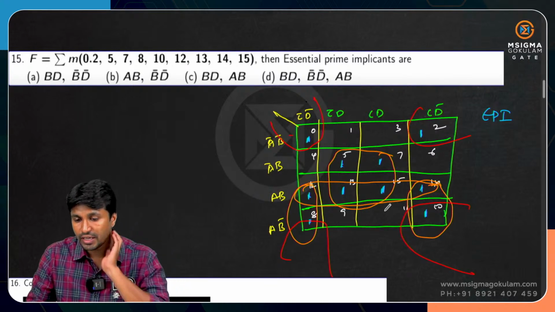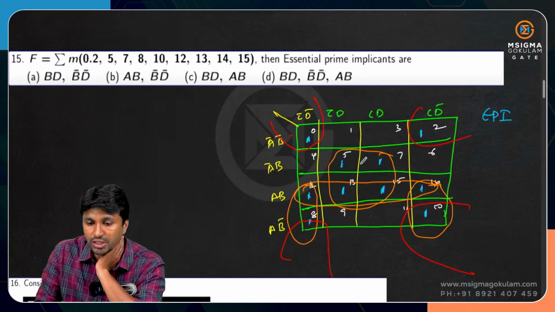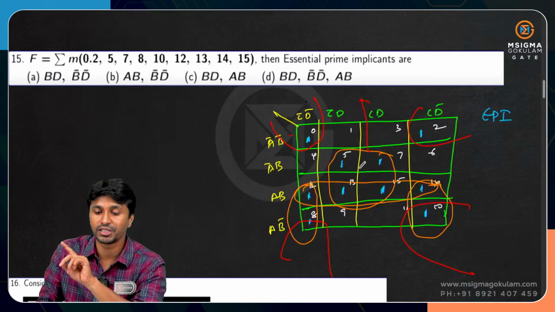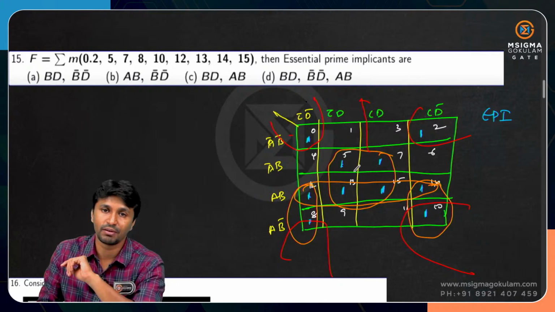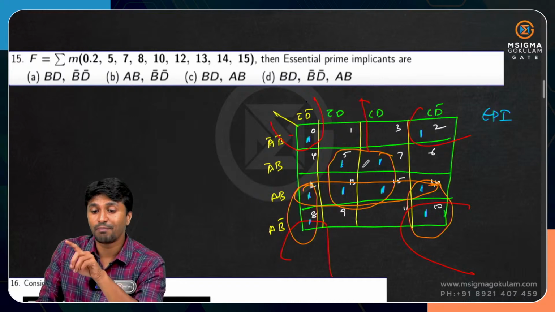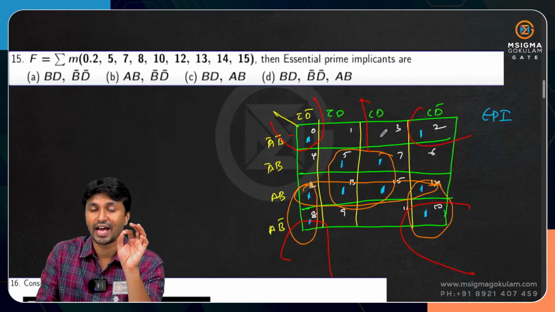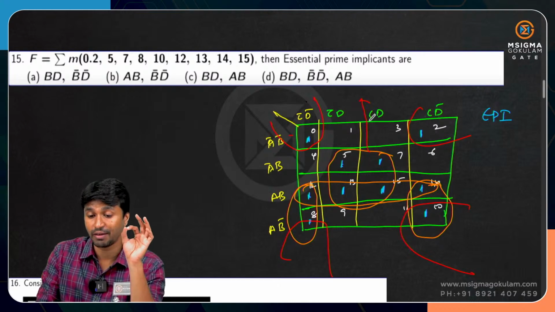Now look at each prime implicant. This group includes a min term which is not included by any other prime implicant. So this has to be an essential prime implicant. Look at the min terms 5 and 7.